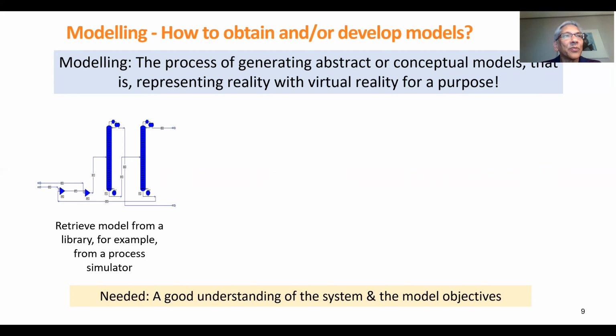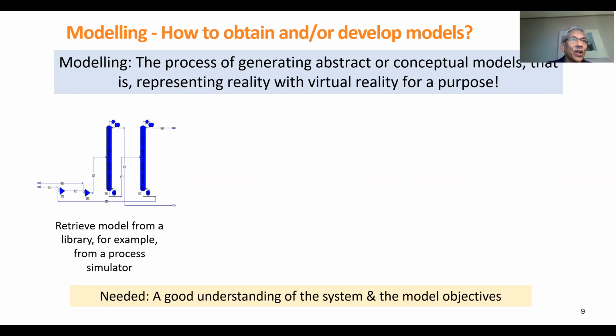And what is happening in a process simulator? It already has a collection of models in a model library. If we want to simulate a process, we identify and retrieve from the library the models we need for our process. If we are able to find them, we take them, we represent them in the figure that you see, and we can do the simulation. So we do not need to derive the models or the equations. Somebody has done it for us. We just use the model.